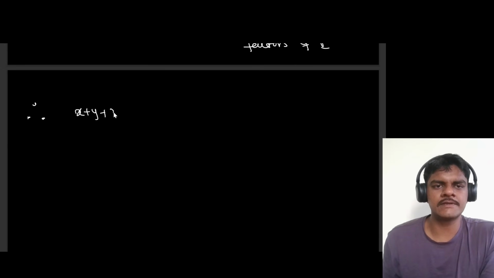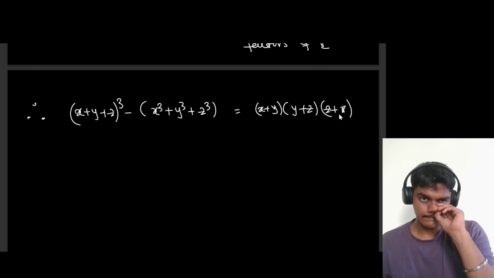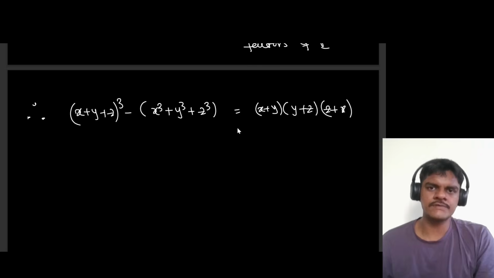(x plus y plus z) whole cube minus (x cube plus y cube plus z cube) is equal to a times (x plus y)(y plus z)(z plus x), and there will be a constant a.